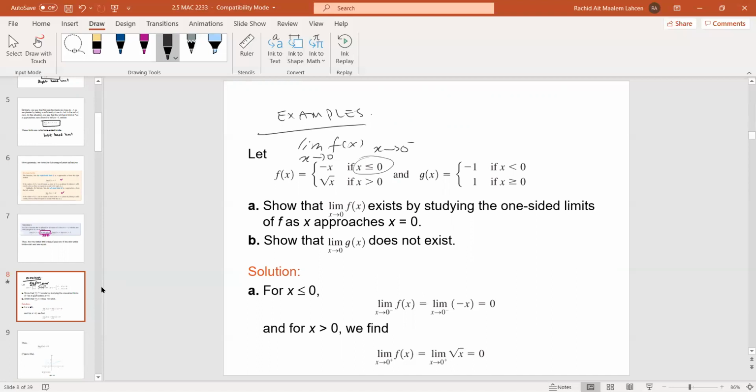That's the formula you will use: negative x. Then for the right-hand limit, x greater than 0, you're going to use this, the square root of x. Then we find that they are equal. Since they are equal, the limit exists as x approaches 0, and it's going to be 0.